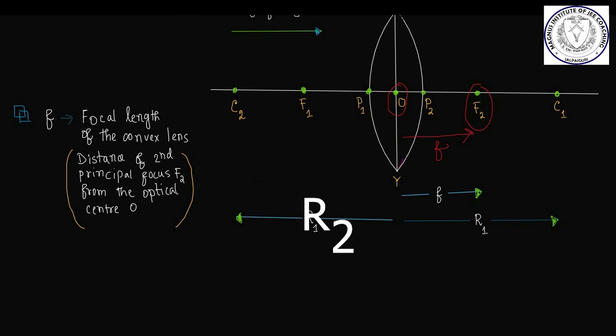Similarly, we can denote the radii of curvature of the two surfaces of the lens.